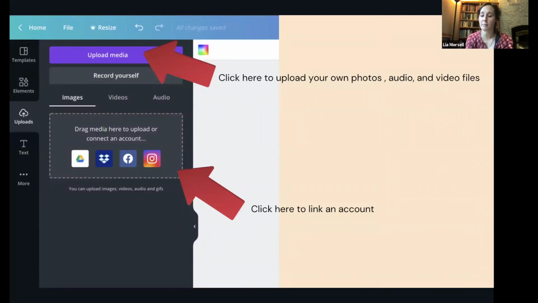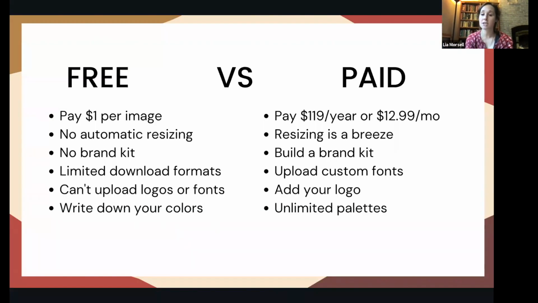I'm going to show you about uploading media when we're in the paid version. So free versus paid. The biggest difference, if you're in the free version, you can pay $1 per image and you can pay for them a la carte. It makes it really hard to resize things, but you can get away with that by building from the ground up. The free version doesn't have a brand kit, which I'll show you when we go into the paid version, what the brand kit can do.